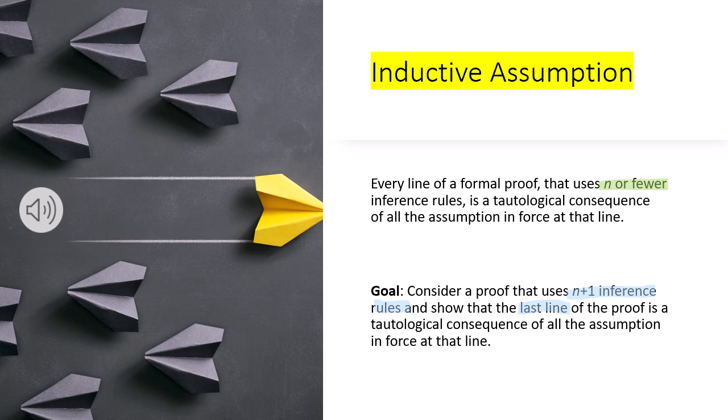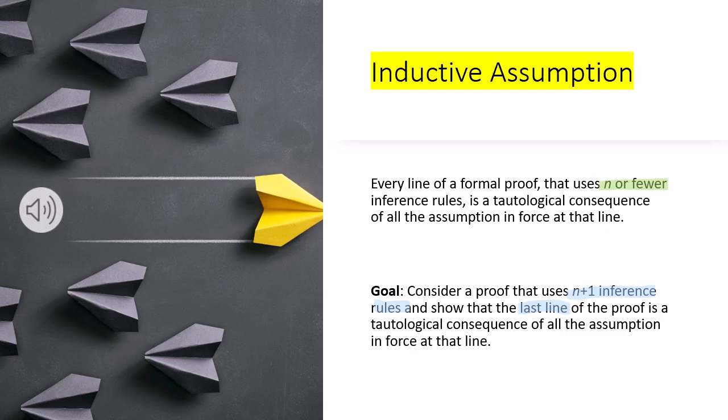What we'll assume is that every line of a formal proof that uses n or fewer inference rules is a tautological consequence of all the assumptions in force at that particular line. And again, what we showed in the base case is that that is true when n is equal to 1. So if we've only applied one rule, then each of those lines is a tautological consequence of the assumptions in force at that particular line.